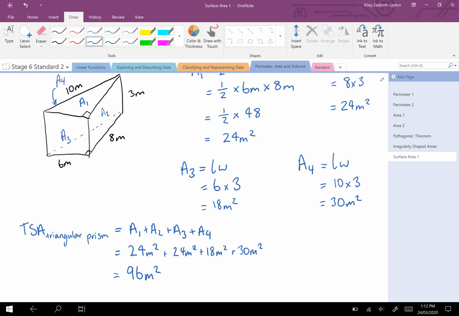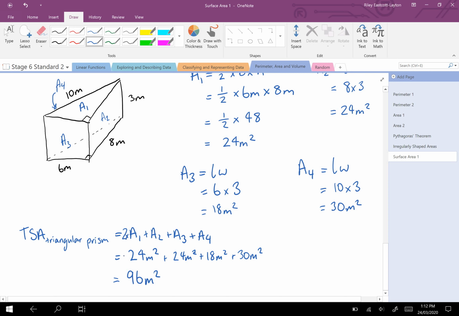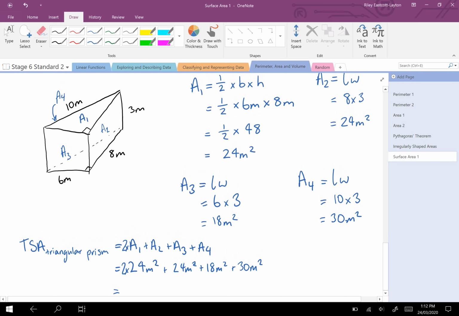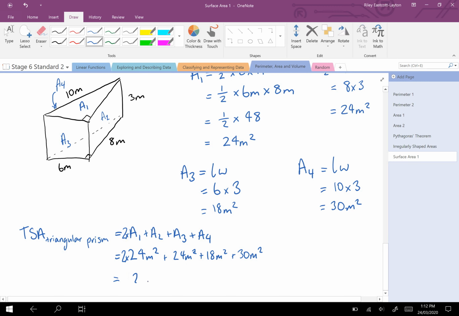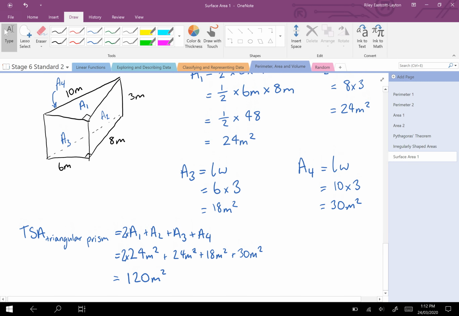That's interesting. They've got a different answer. So we got 24, 18, 30. Looks like this one's been doubled. Oh, of course. It is 2 lots of A1. And we are going to get 120 meters squared. So I apologize for that.